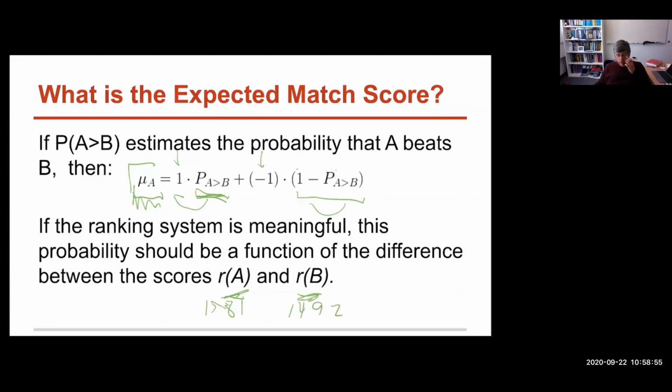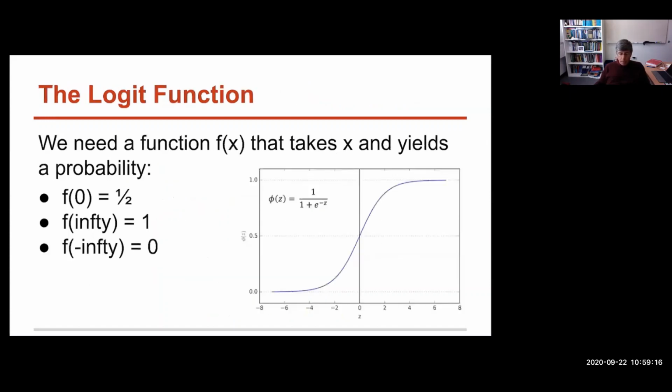Okay? If higher scores are better, I should be favored. The probability is that I'm going to win. Okay? It should more likely that I should beat you. But how much more likely? I need a function that maps the difference of our scores to a probability.